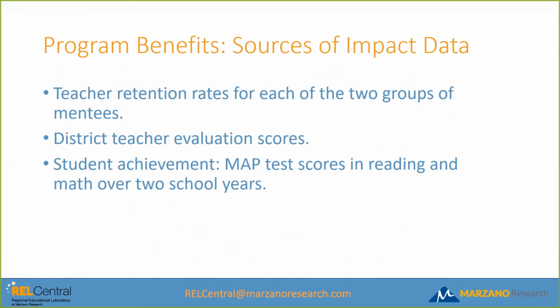So once we had a firm understanding of costs, we had to make sure that we were also understanding the benefits. And as I said before, our three key areas were looking at teacher retention rates, teacher evaluation ratings, and student achievement. And as I said before, a key thing that we did in this study, and that IES requires, is that you focus only on impact findings that are the most rigorous.